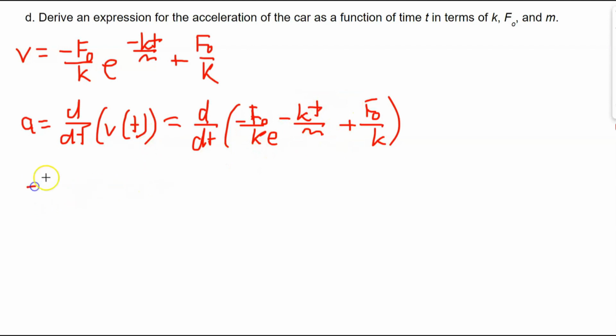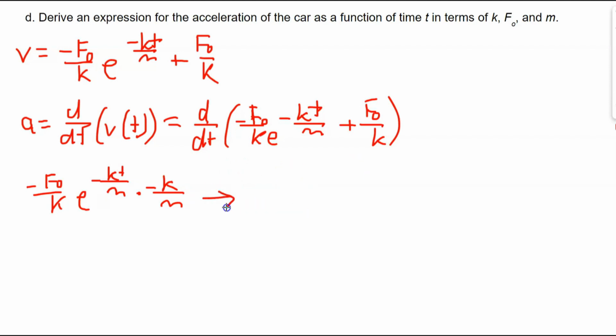So negative f sub naught over k times e to the power of negative kt over m times the derivative of negative kt over m, which is just negative k over m, and then f sub naught over k is a constant. So the derivative of that is just 0.